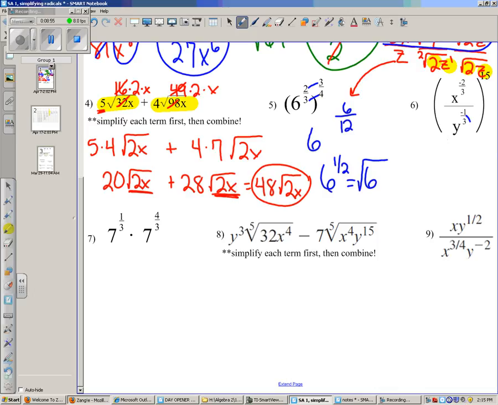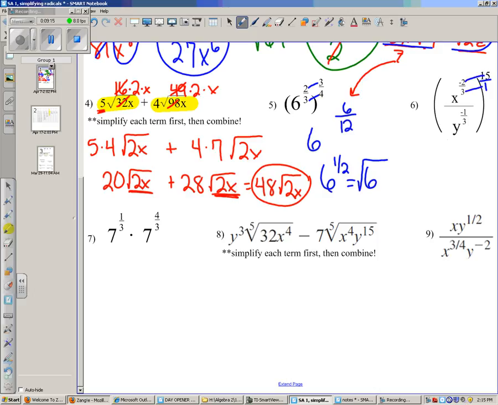Okay? On number 6, the same idea is there. I have parentheses, and I need to multiply because of those parentheses. So the first thing I'm going to do is turn that 15 into a fraction with 1, and I'm going to multiply my numerators and my denominators.